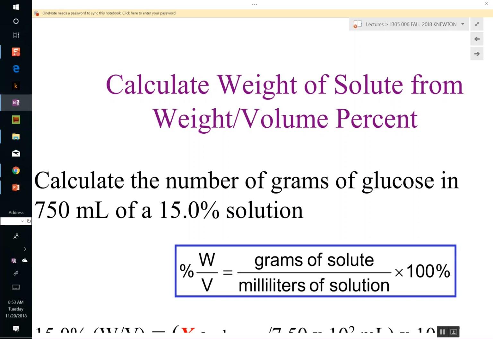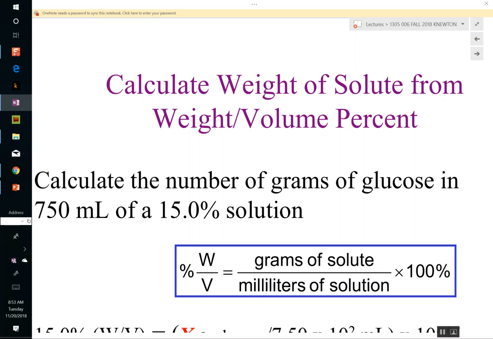Now let me make a recommendation on this problem, because it is a little crazy and you can try to figure out how the units work out in this thing. Here's what you do. You know that equation, right?